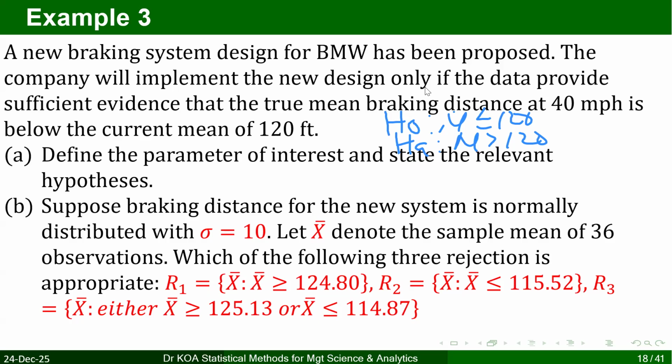The null or the alternative? I'm talking about the null. Did you use the word below? Did I write... Oh, I made a big mistake. I can't believe that I made a big mistake.